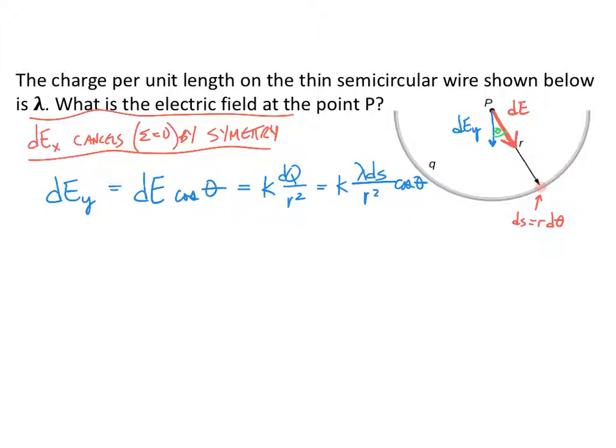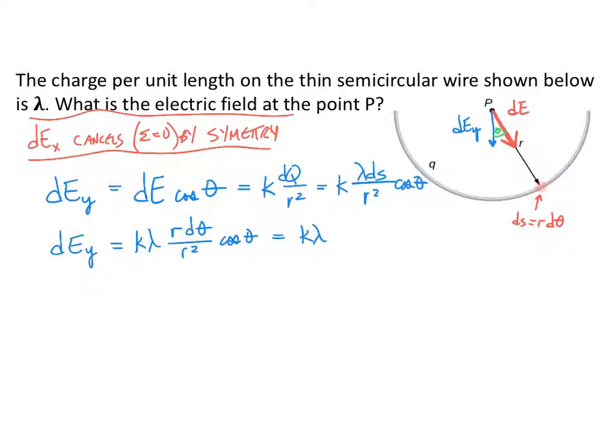All right, so we have our thing set up at last here, so we could write dEy equals k lambda, and instead of ds, I could write r d theta per r squared cosine theta, which of course can be written as k lambda.